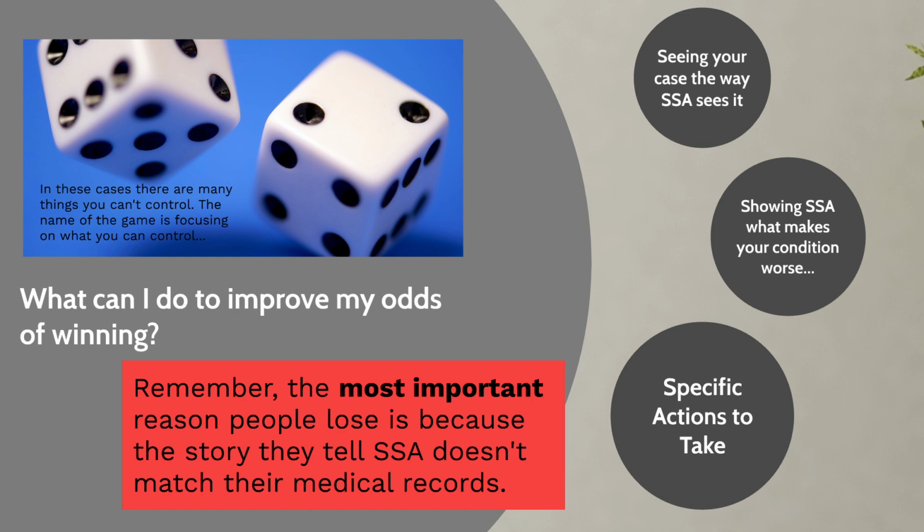Because the last thing you want is for Social Security to think that you can't work because you're not following the doctor's instructions. You don't want to be that type of person. That reflects very poorly on you. You want to be showing Social Security that you're doing everything you can to get better. And so that includes being a good patient to the doctor.